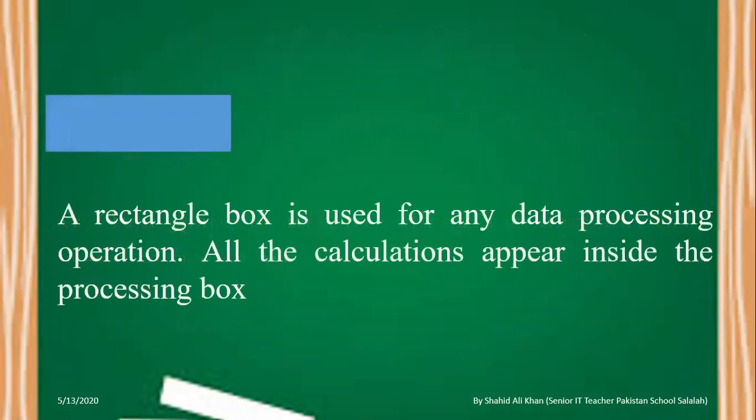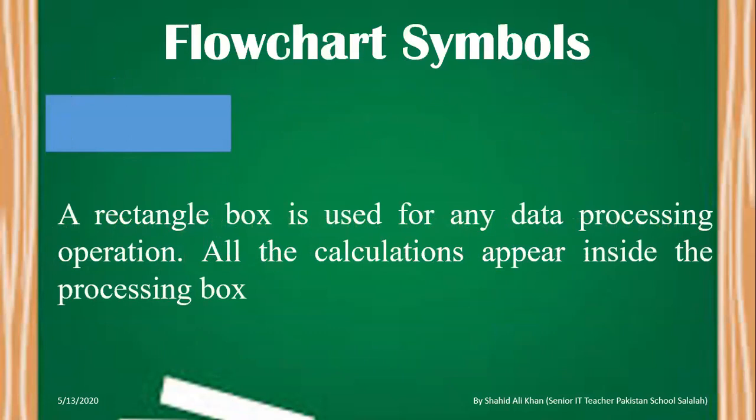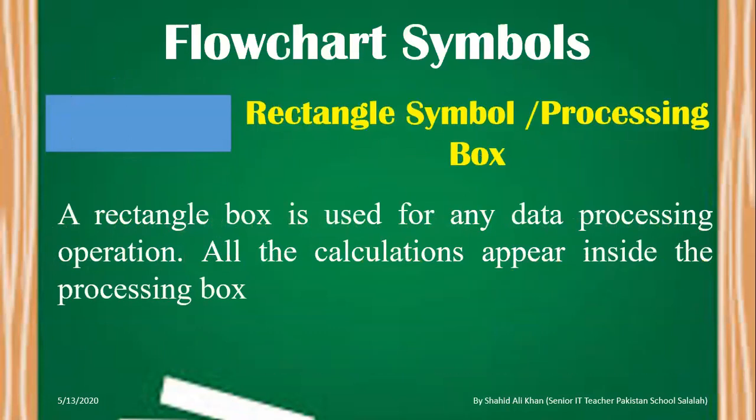Next symbol of flow chart, that one is rectangle. A rectangle symbol or processing box, you can see there is a rectangle symbol in front of you. Rectangle symbol means it has 90-degree angle all along four sides. That's why it is called rectangle, and it's a geometrical shape. And in flowchart it is used for what purpose?